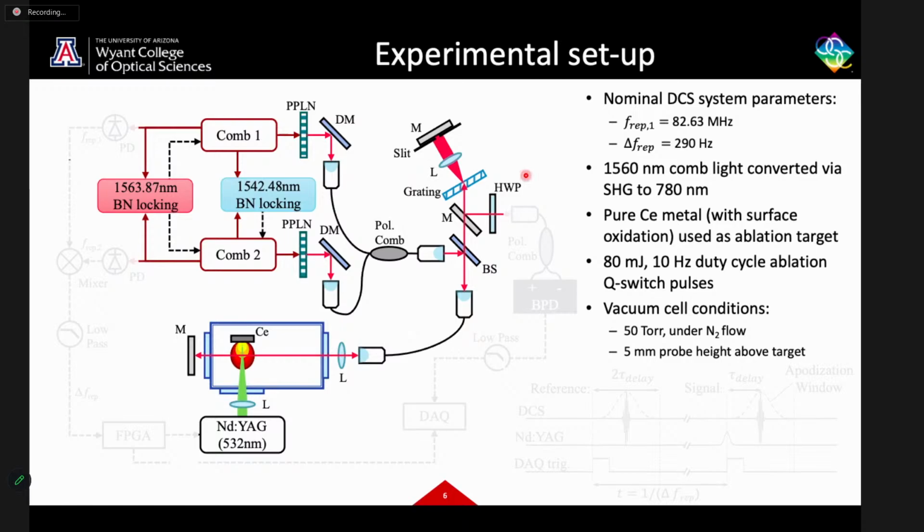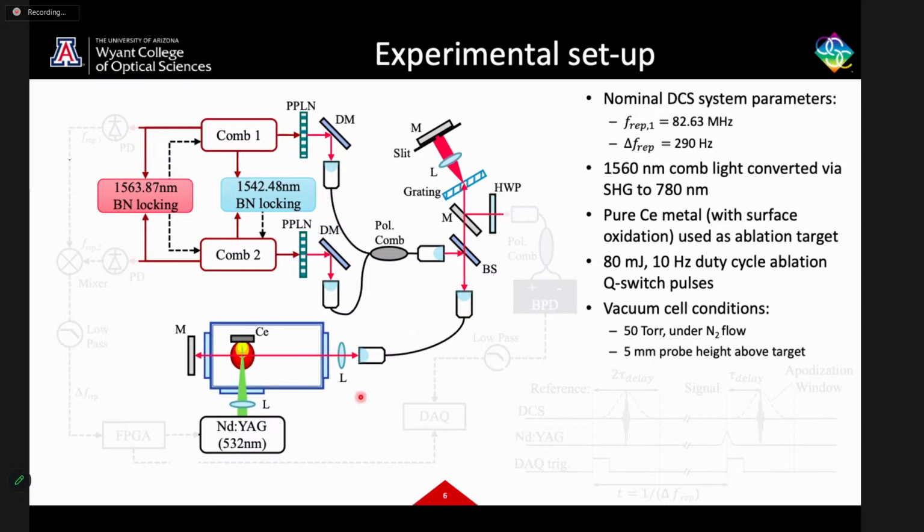And through optical fiber, we're able to deliver our frequency comb probe beam to our ablation chamber where we're ablating a pure cerium metal target. Now, the cerium target has some degree of surface oxidation on it, which is more of a feature than a bug, as I'll illustrate in a couple more slides. We're ablating it with an Nd:YAG laser operating at 532 nanometers with a repetition rate of 10 hertz and a pulse energy of about 80 millijoules.